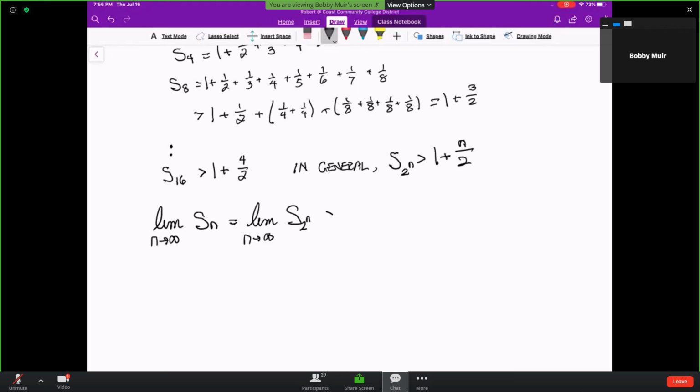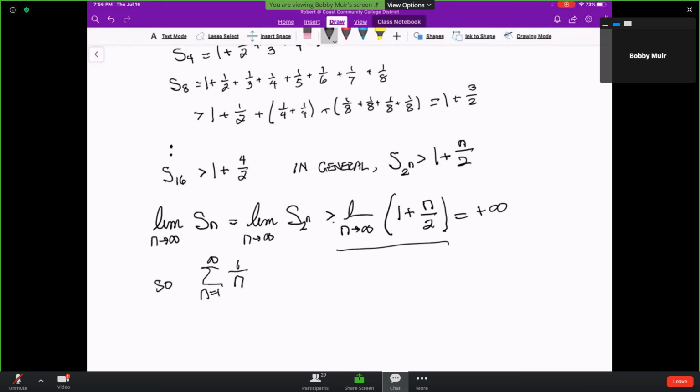So somebody tell me what this limit is as n tends to infinity of 1 plus n over 2. Infinity, yep. That means the sum from n equals 1 to infinity of 1 over n is unbounded, and so it diverges.